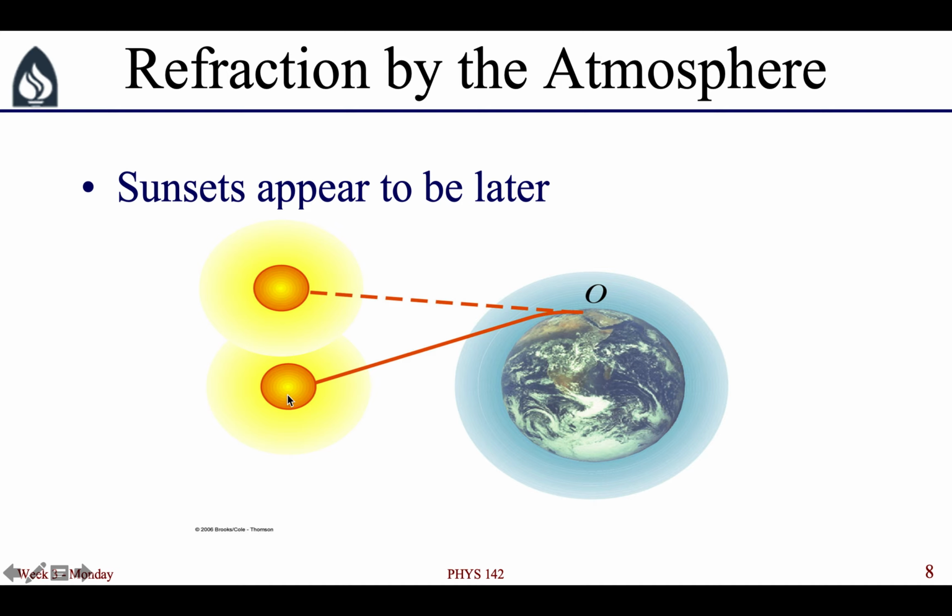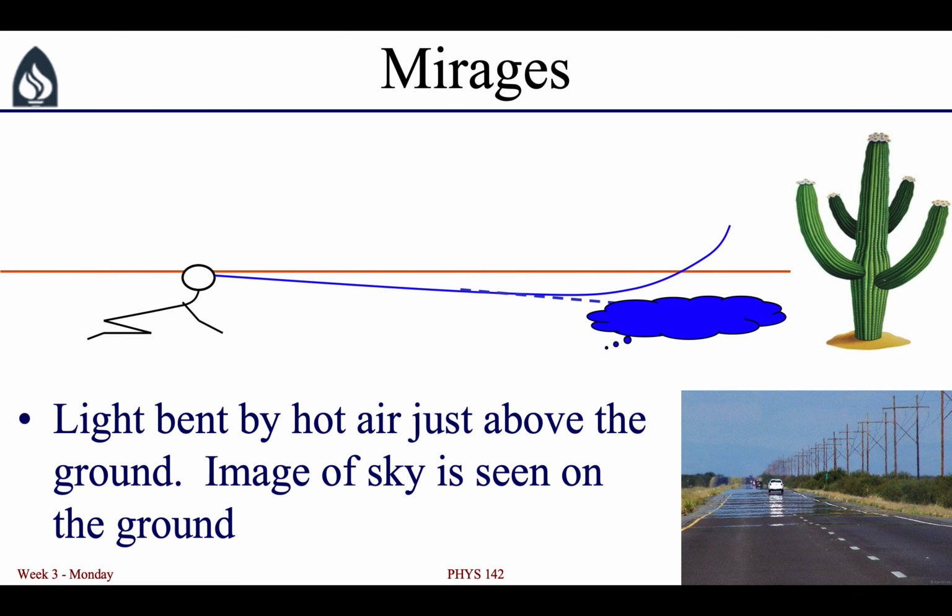So this sunlight, even though the sun is below the horizon, the bending of the light still brings the light to a place where it can be seen, and the sun appears to be higher in the sky than it actually is. So sunsets appear to be later than when they actually occur.